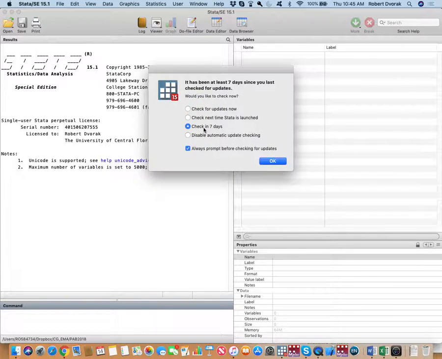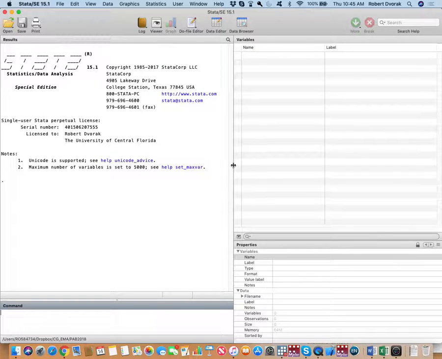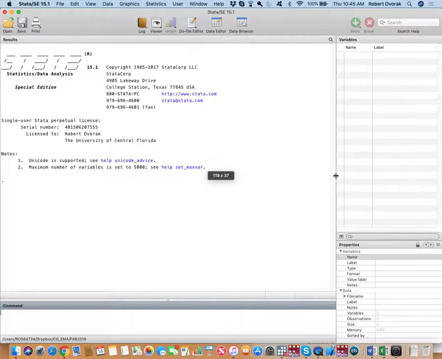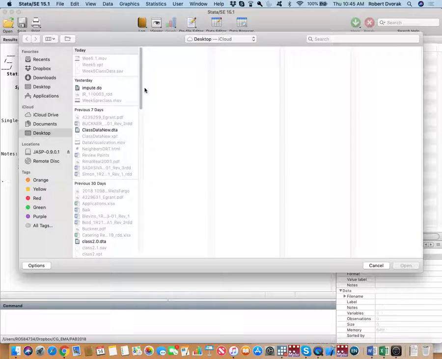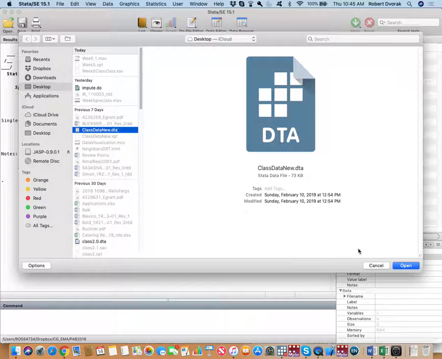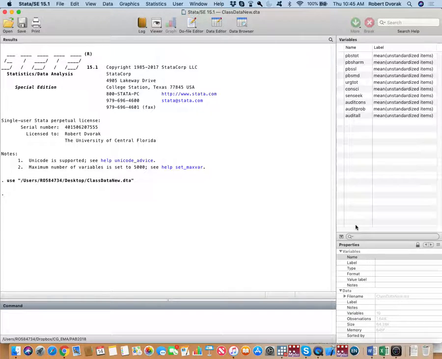No, let's just not do that. No, the output that it's giving me is different. I'm sure that the basic statistics are not actually different. Shoot, wrong data set.